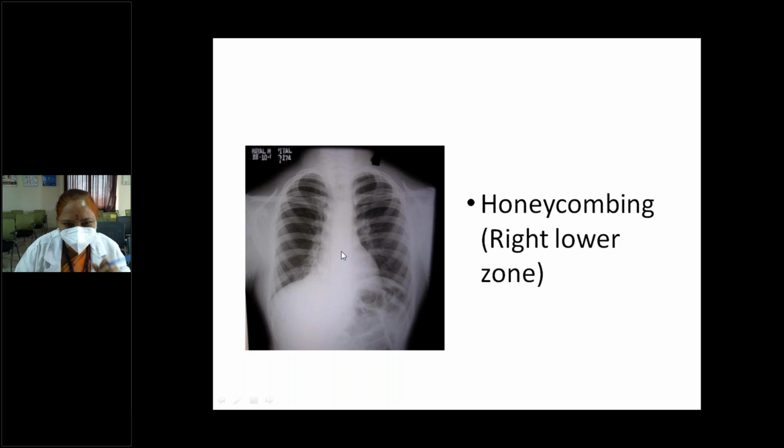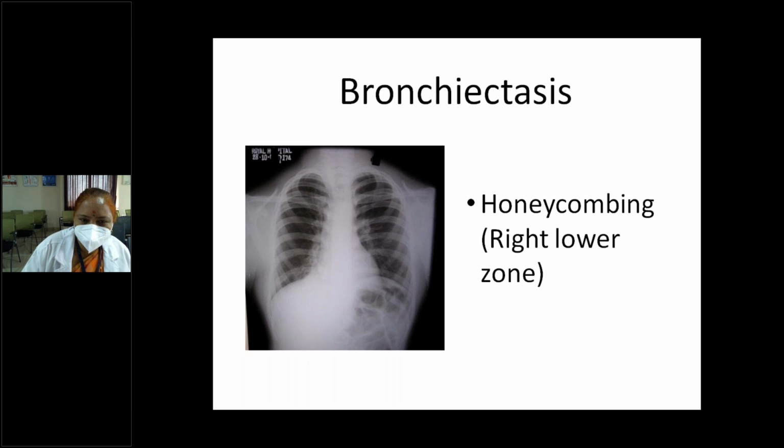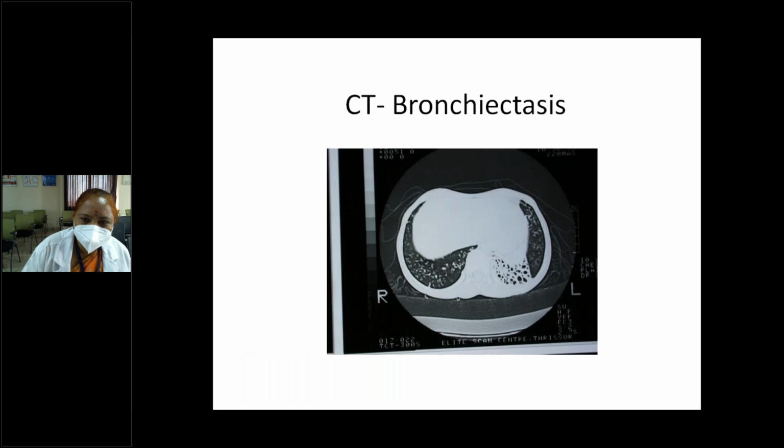What is that condition? Bronchiectasis. Good. So it's a case of bronchiectasis, right lower zone. This is the same person's CT chest. You can see the honeycomb appearance, and the chest X-ray also confirms bronchiectasis.